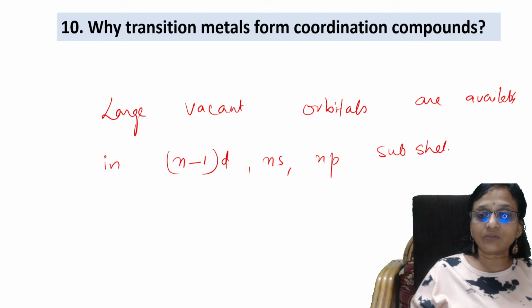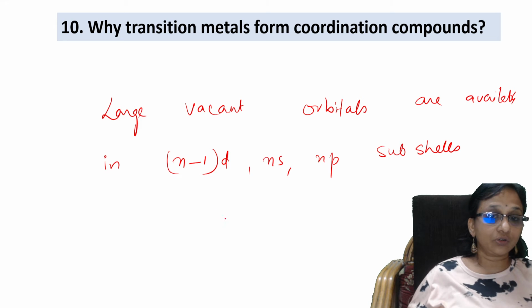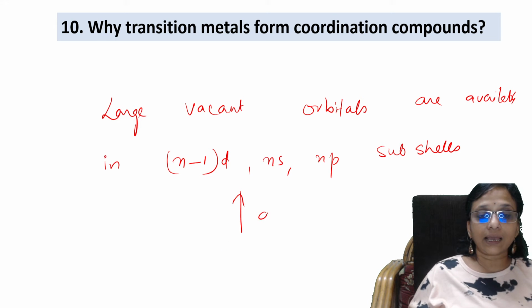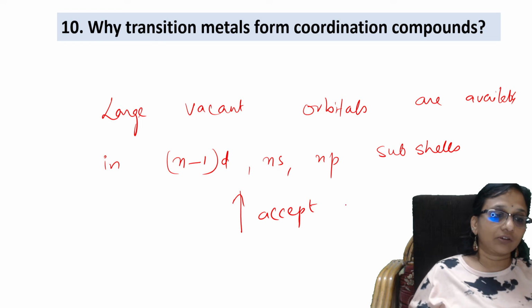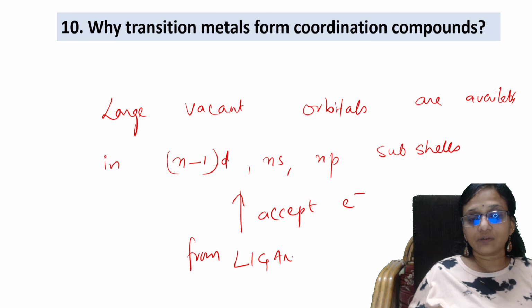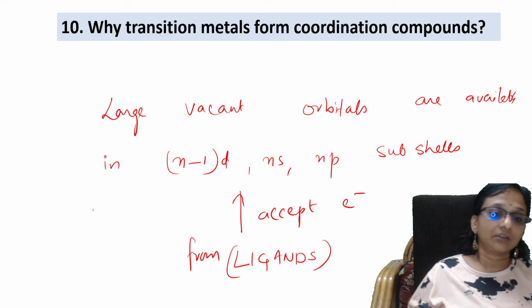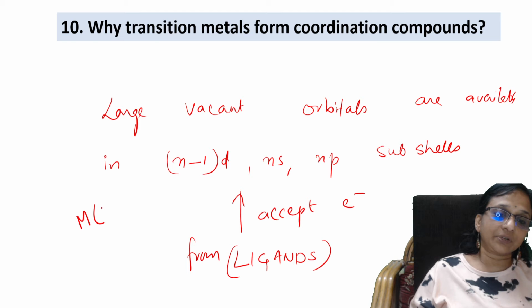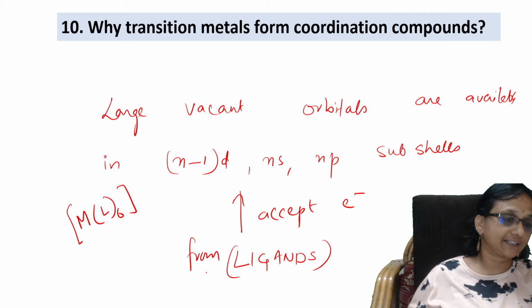So when so many vacant orbitals are available, they try to accept electrons from ligands. You very well know ligands donate, metals accept, and they form complexes. Done. This is the reason.